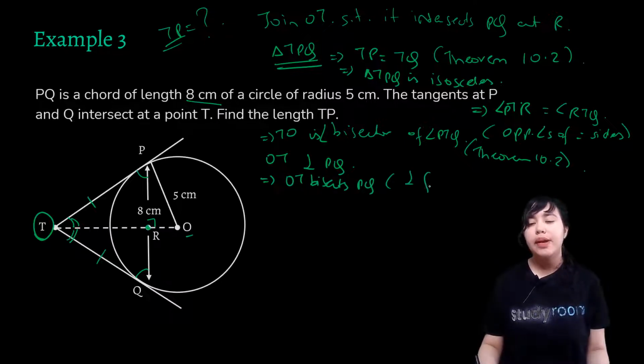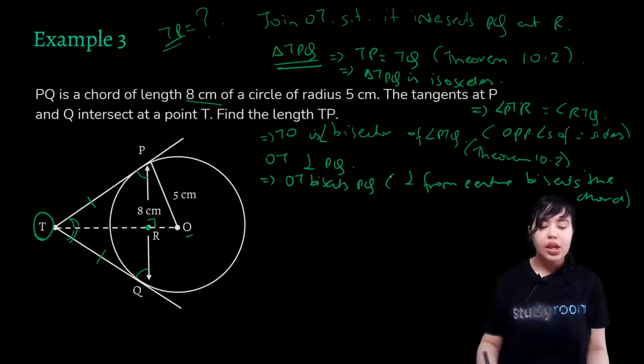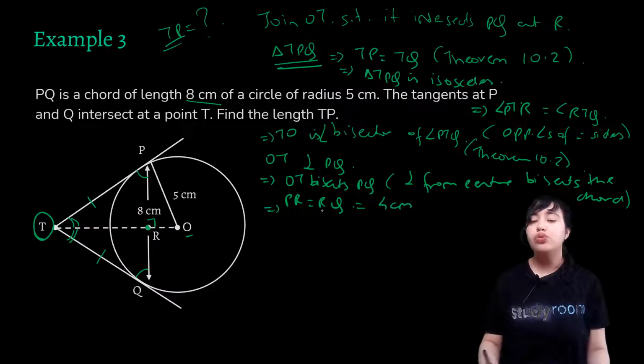The reason is, a perpendicular from the center to the chord will bisect the chord. So if OT is bisecting PQ, it means it's dividing PQ into 2 equal halves, which means PR and RQ are equal. Now this entire length PQ was 8 centimeters. So if I divide it, PR and RQ individually become equal to 4 centimeters.